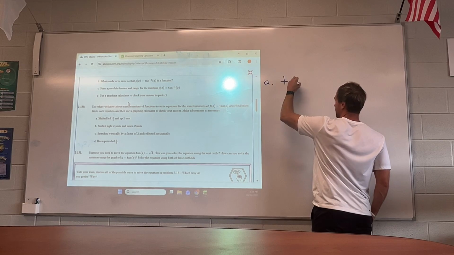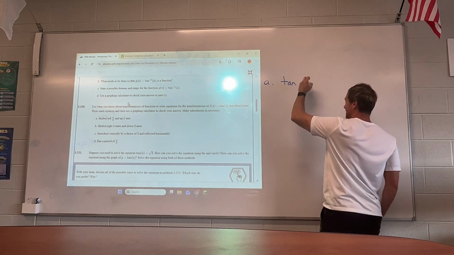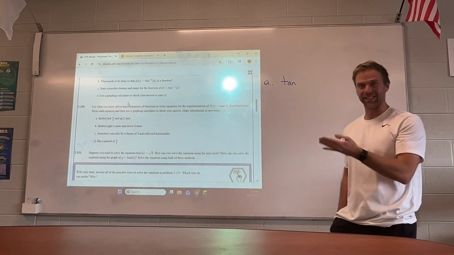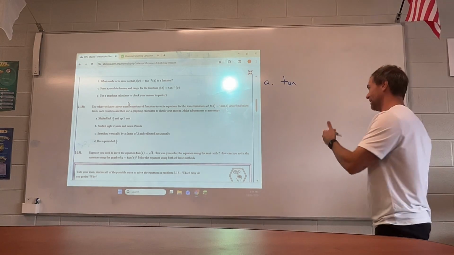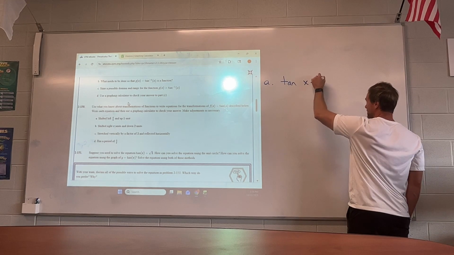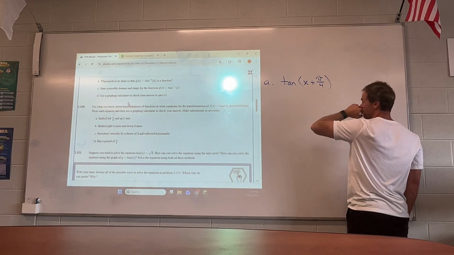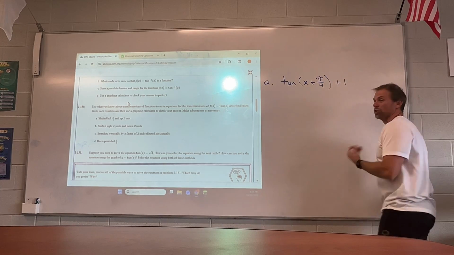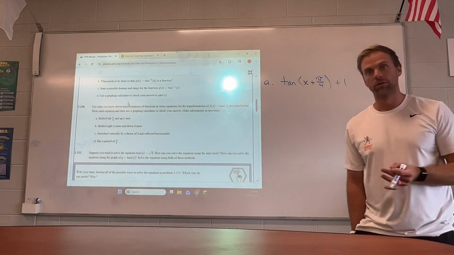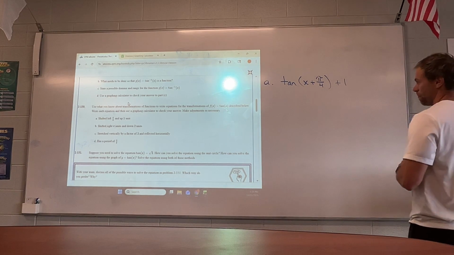So we're shifting tangent left pi over 4. So again, that's a horizontal change, which is inside of the function, right? So inside, it's left, so it's opposite sign, pi over 4, and then up 1. Vertical change is outside, right? So it's outside of the function, we add 1 to it.